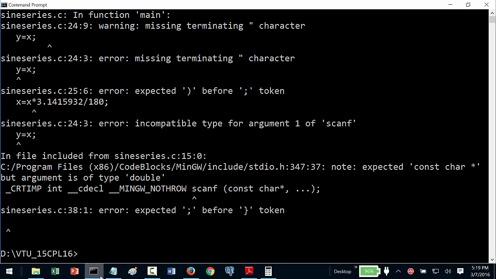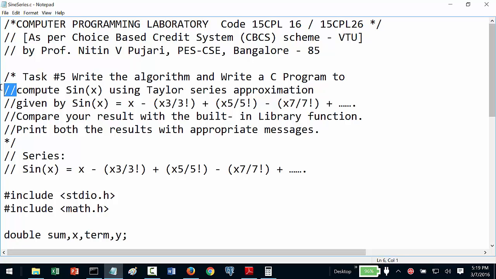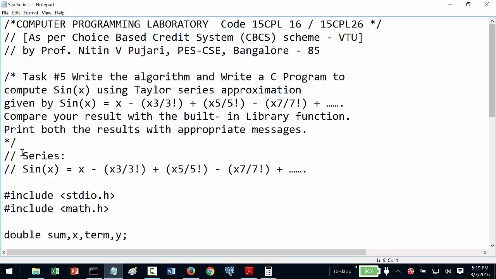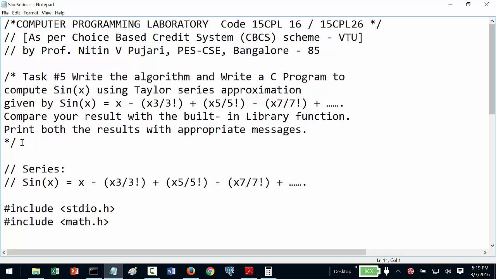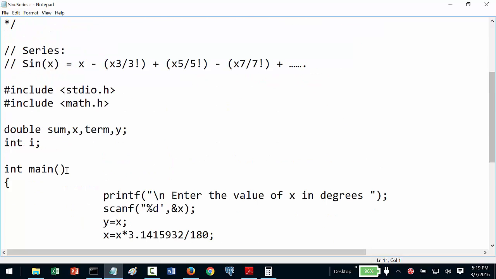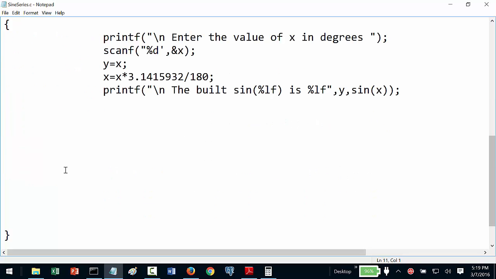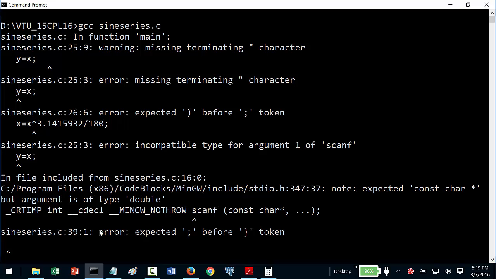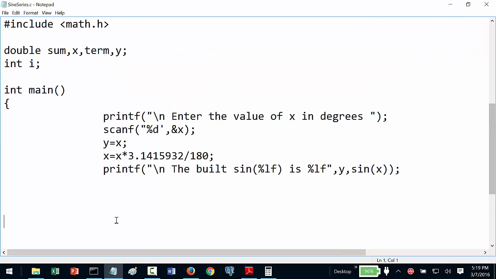Let us see. Okay, so we will remove these things from here. Let us see. So this should be fine. So I have sine series. So this is hash include. Okay, looks to be fine, but let us see. We have saved it. It says y incompatible argument. Okay, all right.